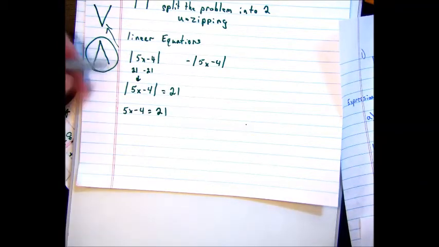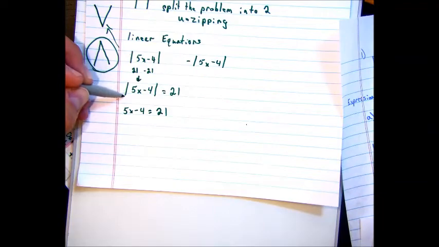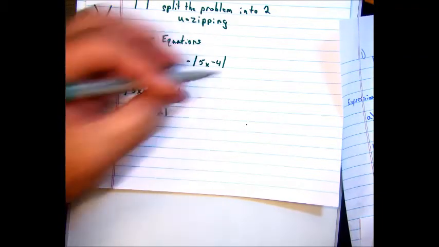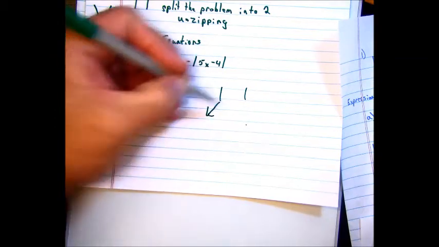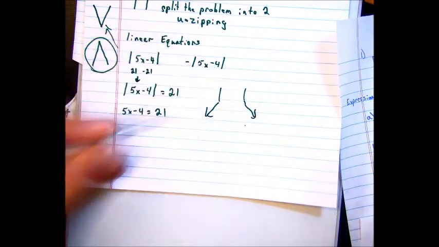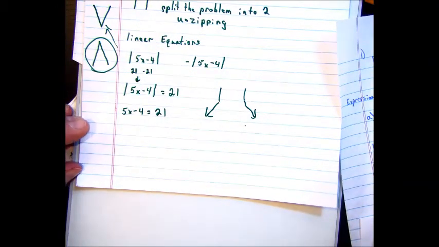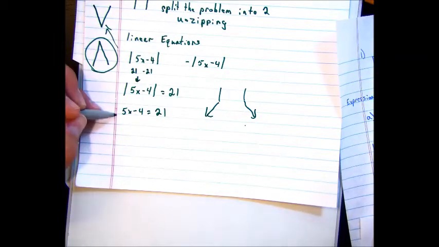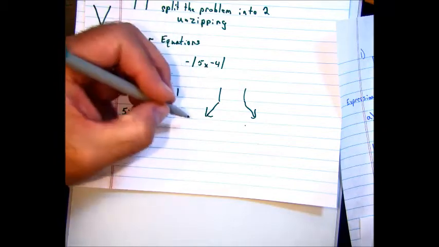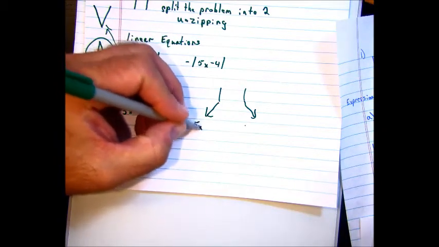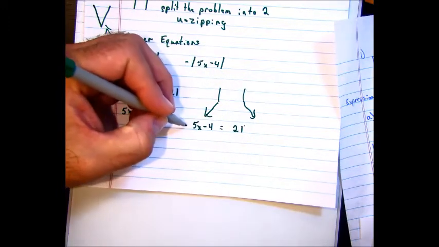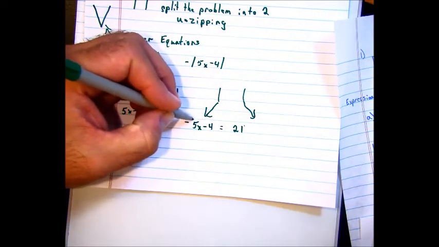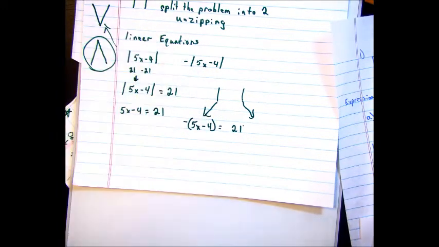Now, what I like to do is take this, and you can almost extend it and go, oh, I'm unzipping it, so I'm going to draw a problem there, just like your jacket. You unzip it and write two problems. Okay, so we have 5x minus 4 equals 21, and 5x minus 4 equals negative 21. Now in your book, they'll show it to you like this.